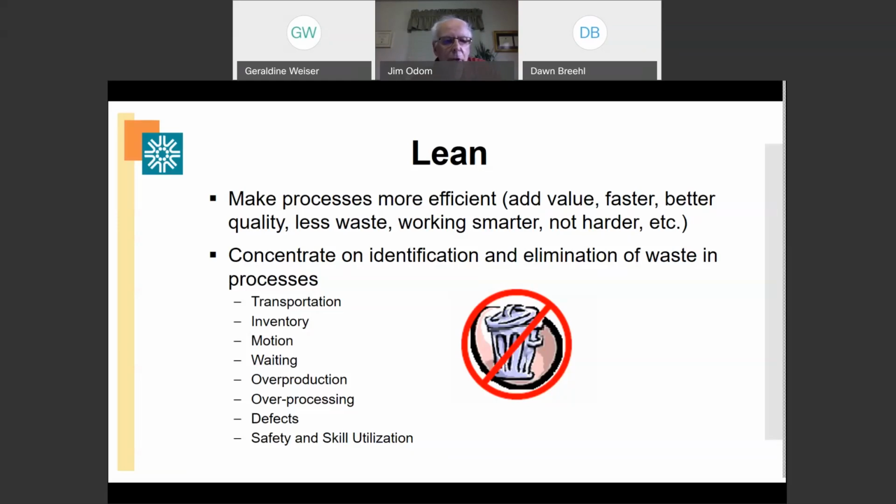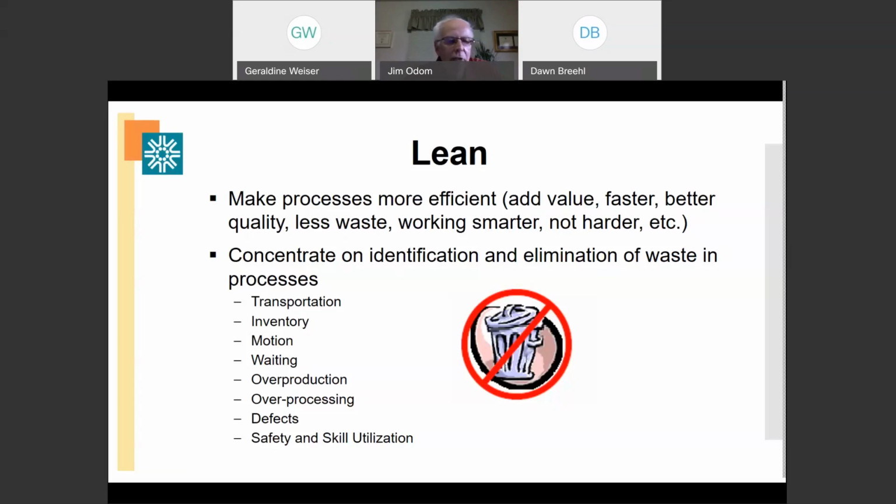A lot of us spend time even waiting on meetings to start up. So waiting is a big waste for everybody. The next one is overproduction, which is producing more than what your customer needs or wants at that particular time. Overproduction is known as probably one of the worst wastes because it also increases inventory and increases the transportation of that material throughout the facility.